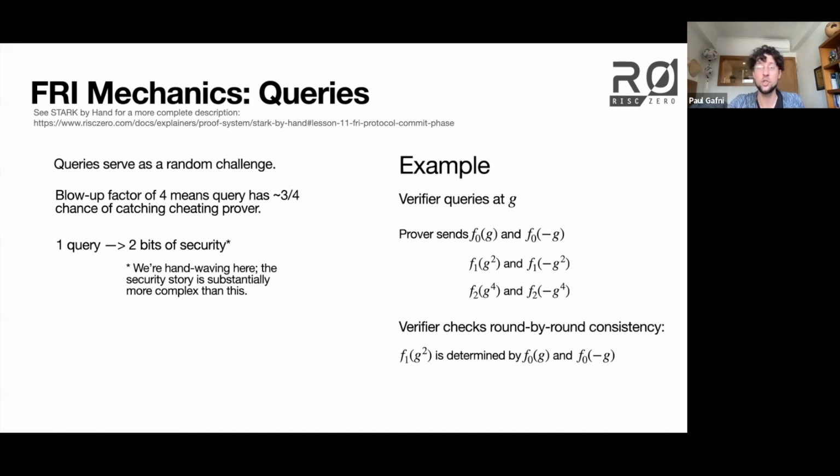And this is extremely similar to what's going on in the FFT algorithm or the NTT algorithm. They're the same thing. NTT is just the finite field version of an FFT.